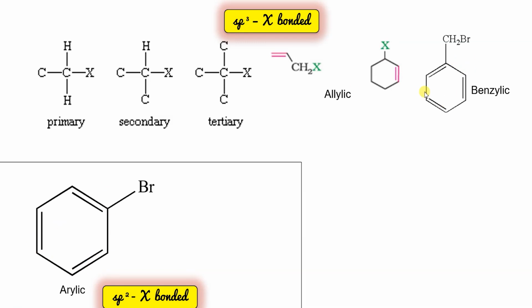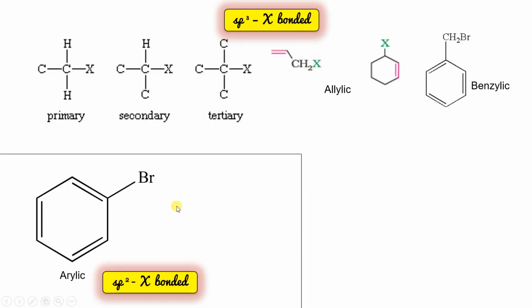See, in benzylic, the halogen is first attached with the sp3 hybridized carbon, and then that is further attached with the benzene ring. But in arylic, the halogen group is directly attached with the benzene ring. I hope it is clear, and I hope you will not be confused in this further.